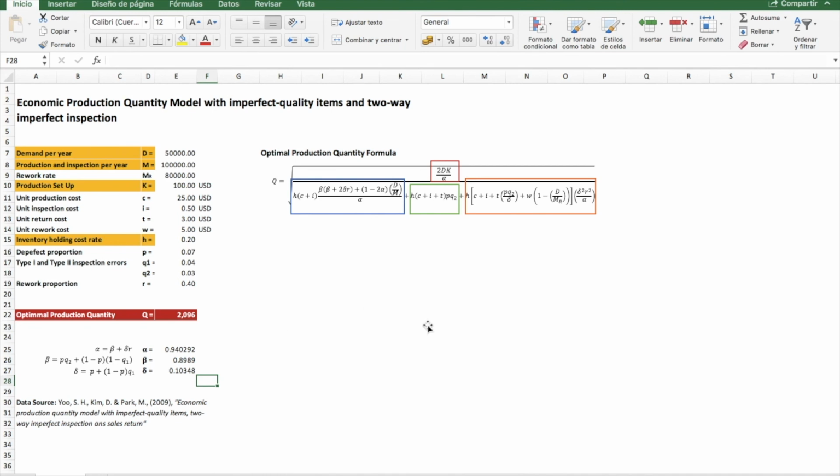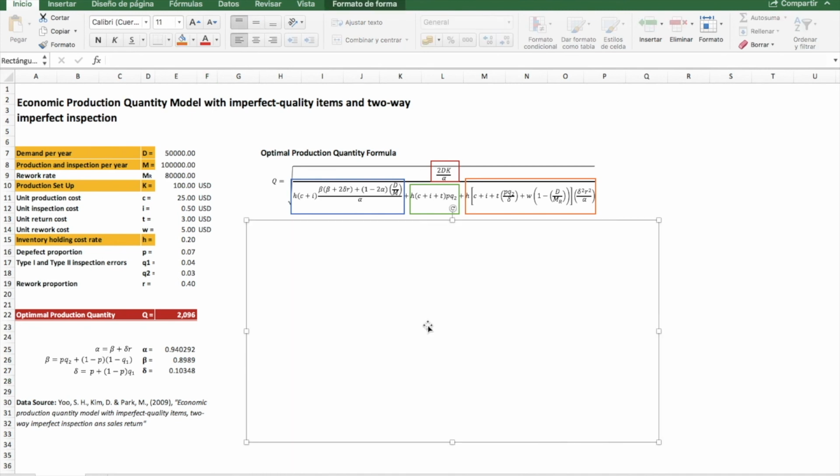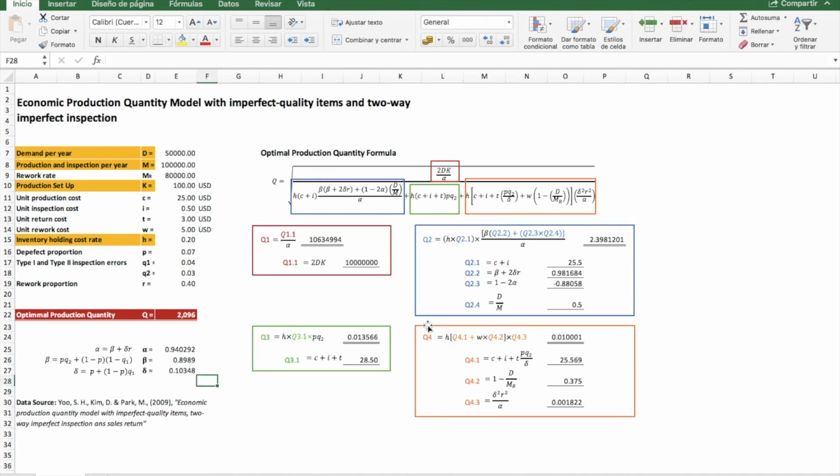Now we move on to calculate the subquadrants of our main equation. Again, we only have to replace the values that we already have in the equations that we have here. For quadrant 1, we have the value found in q1.1 divided by the value of alpha. We do the same for the next quadrants, and finally we calculate our main equation.